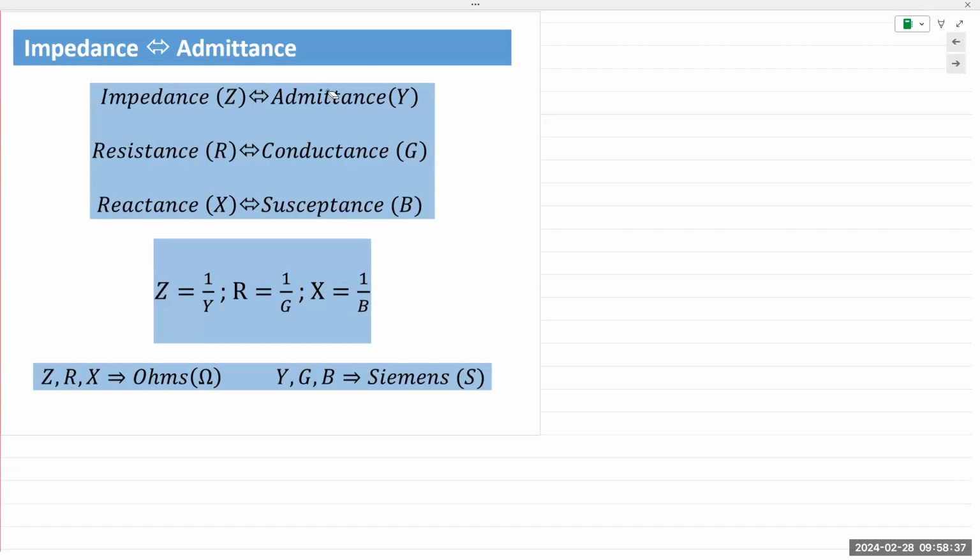Resistance comes from resist. The reciprocal of resistance is conductance. Resistance is opposition to the flow of electrons, the flow of current. Conductance is basically permission, or to permit the flow of current. And then for reactance, the reciprocal is susceptance. The notations are there in parentheses at the end. So Z, R, and X are 1 over Y, 1 over G, and 1 over B. Reciprocals.